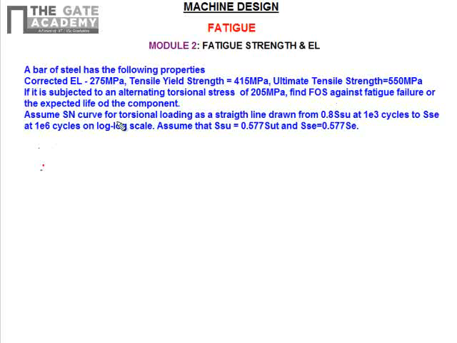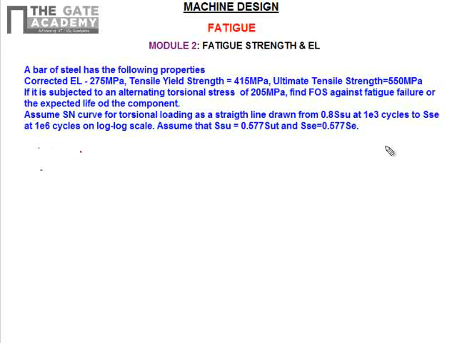Assume the SN curve for torsion loading as a straight line drawn from 0.8 times SSU at 1000 cycles to SSE at 10 power 6 cycles on a log scale, and assume that SSU is equal to 0.577 times SUT and SSE is equal to 0.577 times SE.